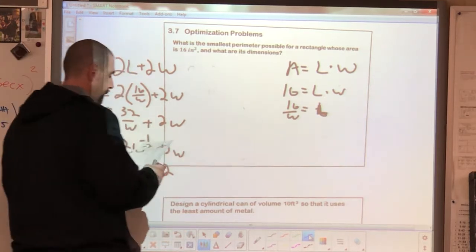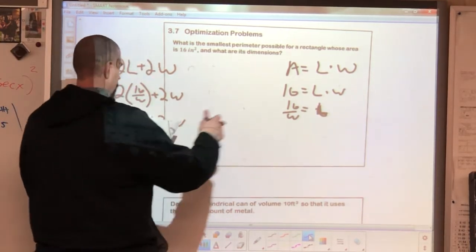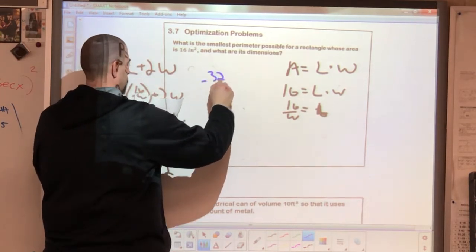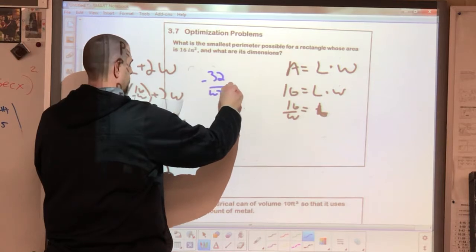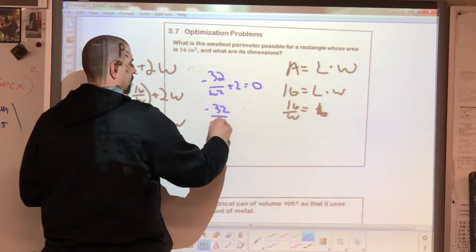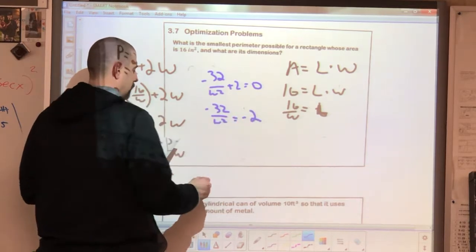So negative 32 over W squared plus 2 equals 0. Negative 32 over W squared equals negative 2.